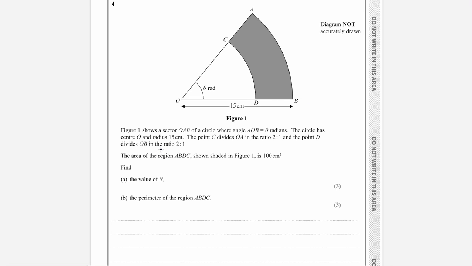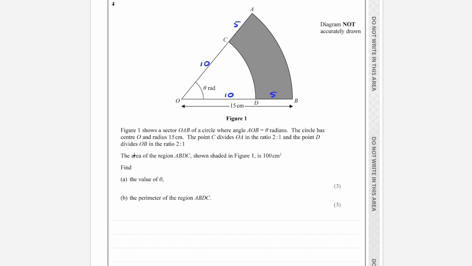Although I could now put in here that this is length 10 and this is 5, because 2 to 1 and the total is 15. If you want, 15 divided by 3 times 2 times 1. Anyway, that's a ratio of 2 to 1 for 15.